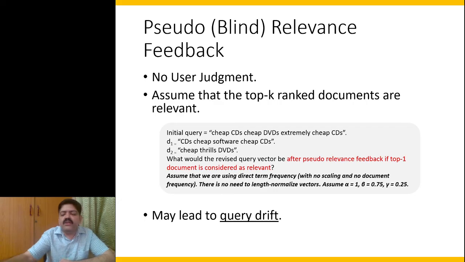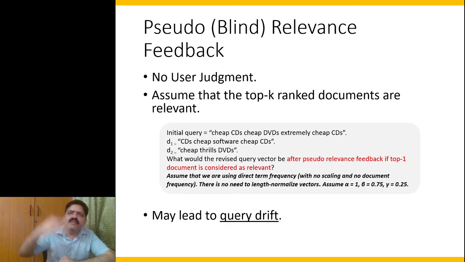What do we do if we don't have user judgments at all? We call this blind relevance feedback or pseudo relevance feedback, where we assume that the top k ranked documents are relevant. So in this case we are trusting the search engine. We ask the search engine to do the regular matching, the normal way it does matching, let's say cosine similarity, and it comes back with, let's say, some 150 hits.